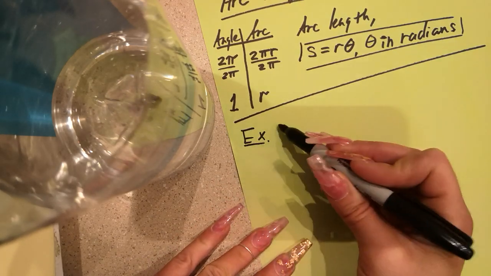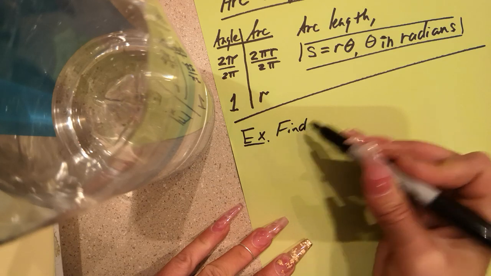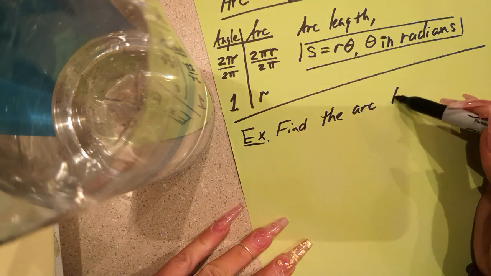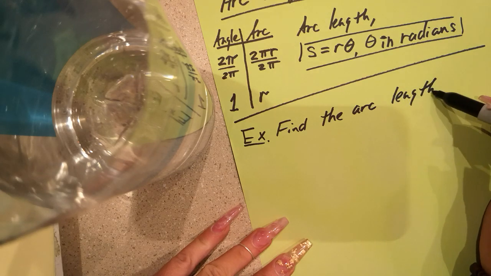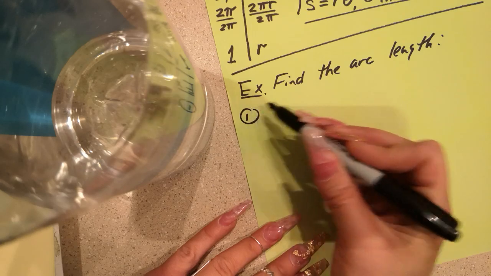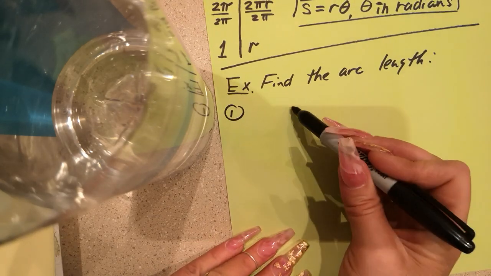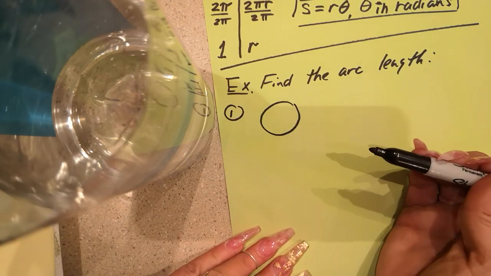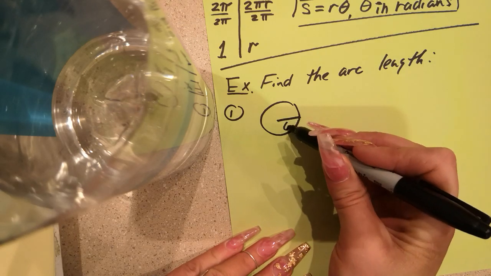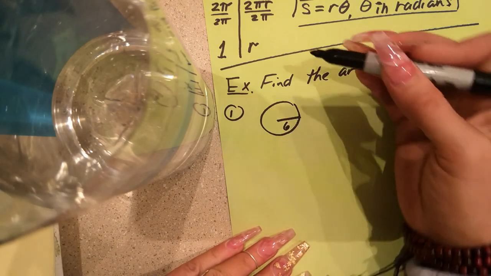So let's see, how about find the arc length. And here's number 1. Here's the radius, how about 6?